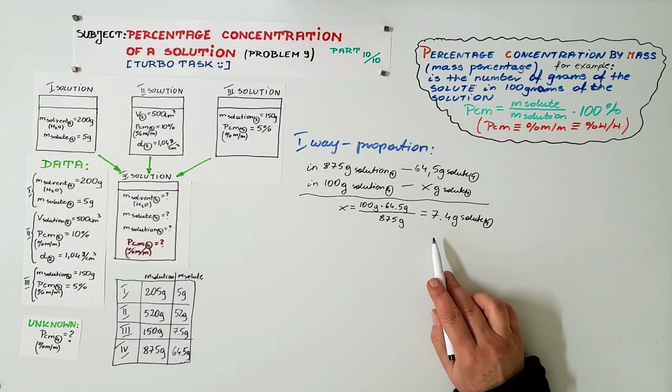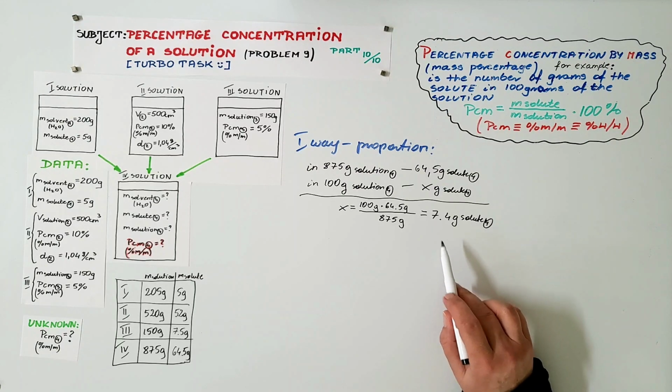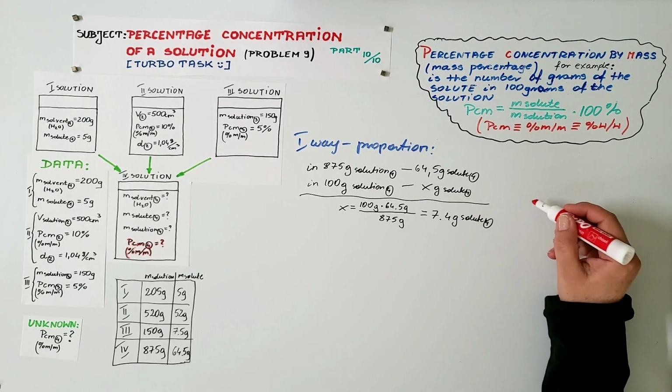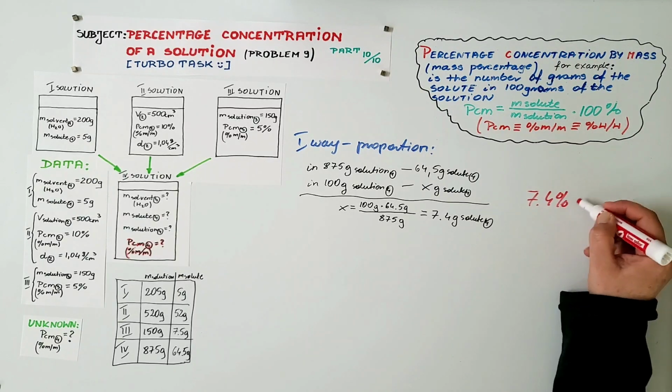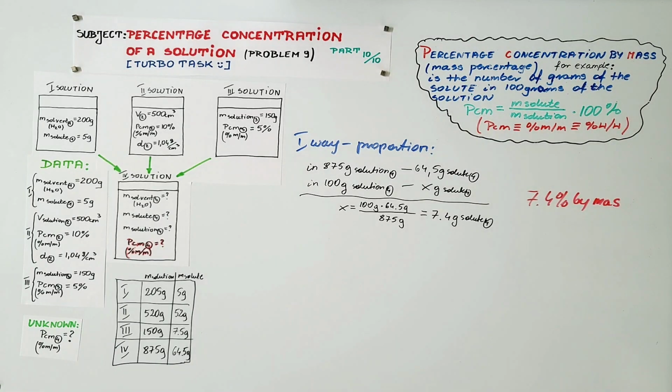These are 7.4 grams of solute in 100 grams of solution. So it means that our solution is 7.4% by mass. And that's the answer for this problem.